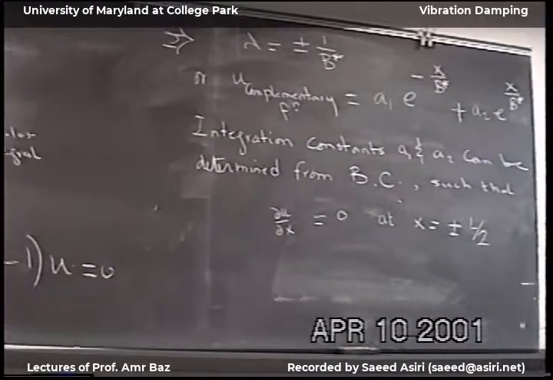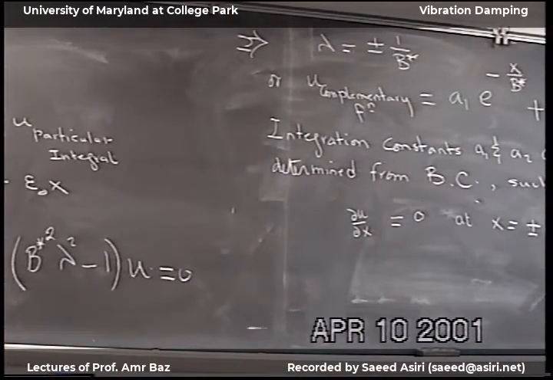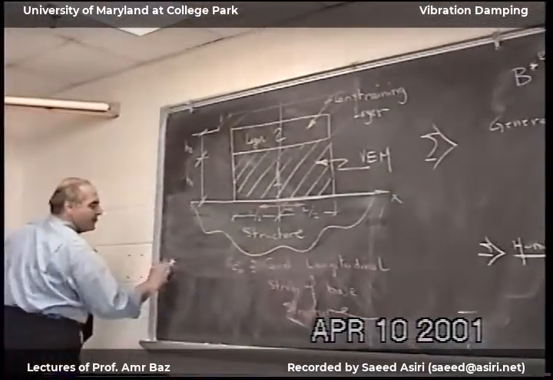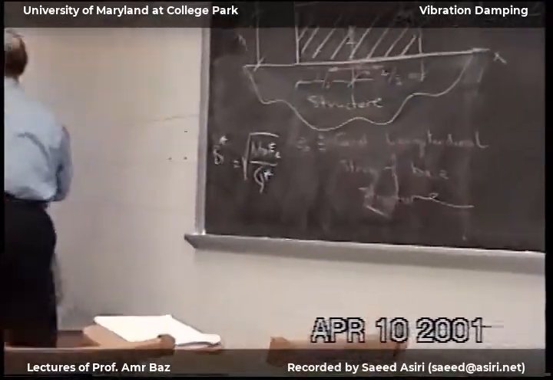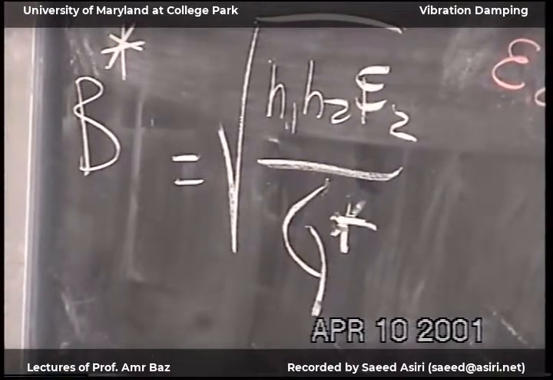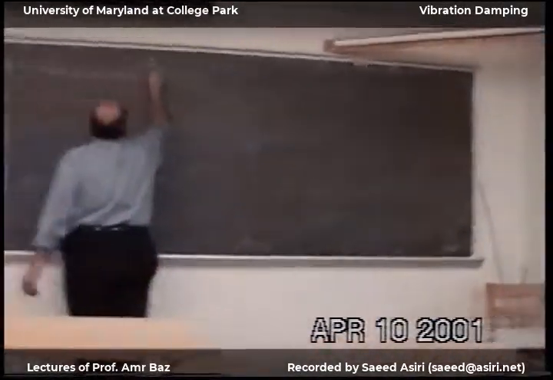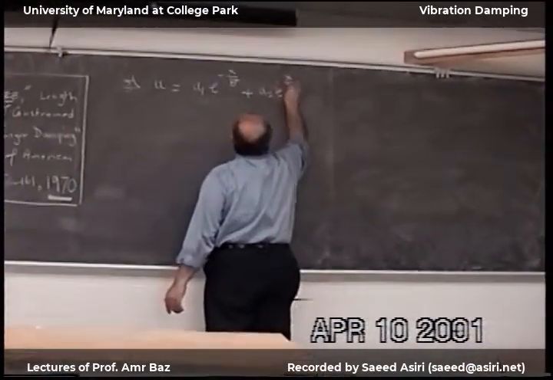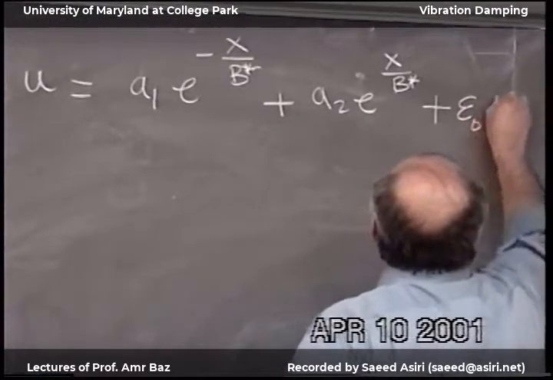Then now u will equal a1 e to the minus x over b asterisk, plus a2 e to the plus x over b asterisk, and then we have plus epsilon 0 x.